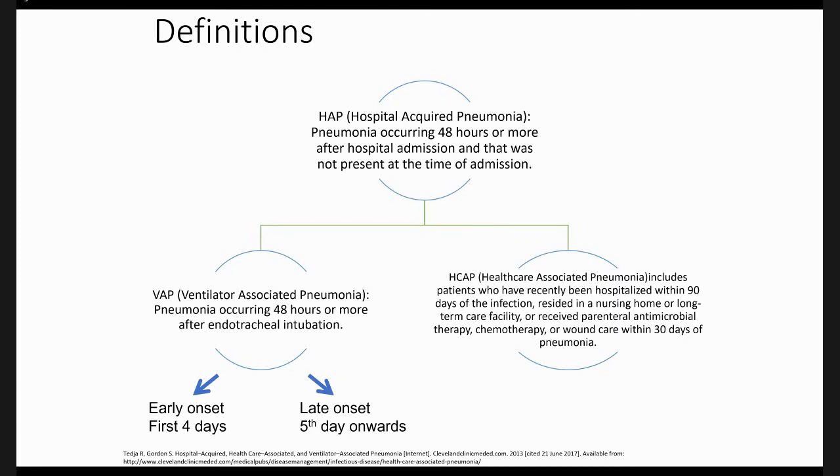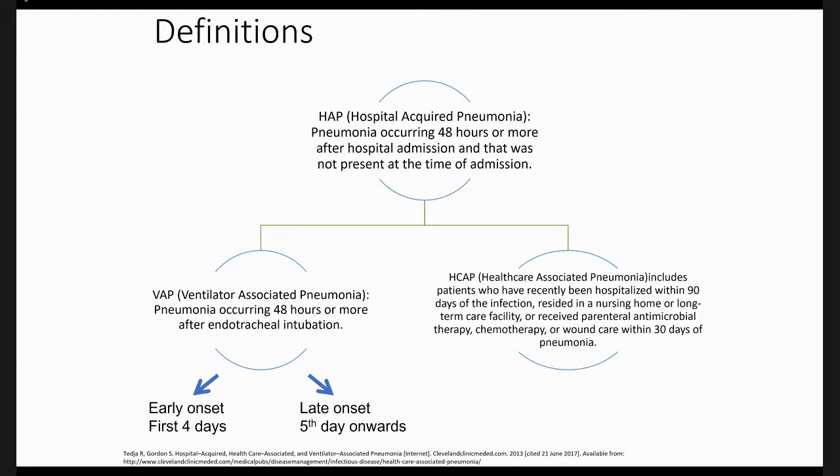If you talk about HAP, as the name suggests, it is hospital acquired pneumonia, a pneumonia occurring 48 hours or more after hospital admission, and that was not present at the time of admission.